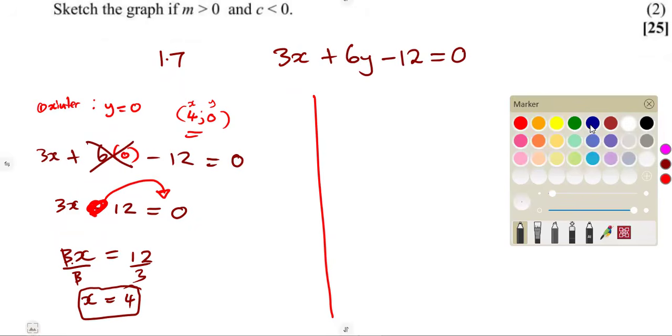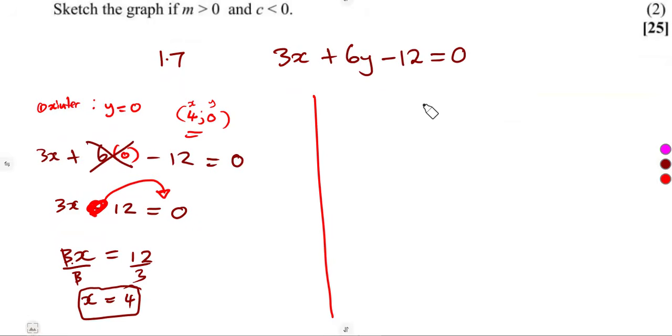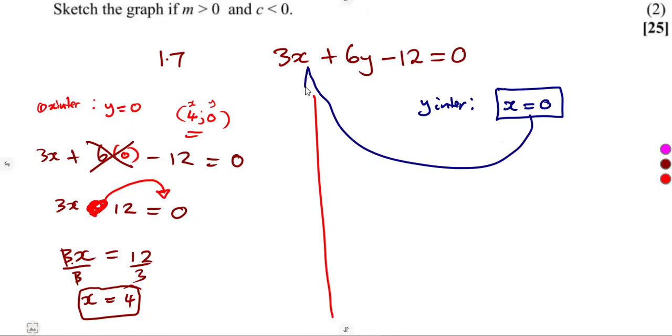You do the same thing for the y-intercept. The same concept. For the y-intercept, we do understand that x will be 0 there. So when x is equal to 0, substitute it. Find the y value.